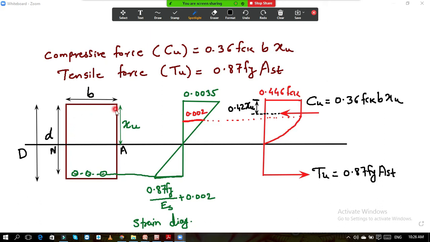We should consider the area above the neutral axis. If you consider this structure, its width is B, its overall depth is capital D, its effective depth is small d, then the area above the neutral axis is B into Xu. So we multiply this stress by this area.